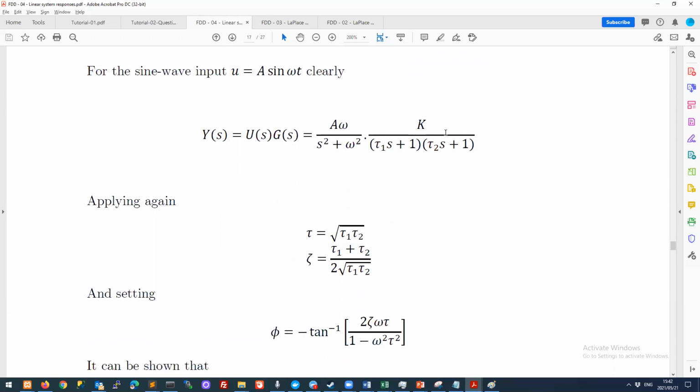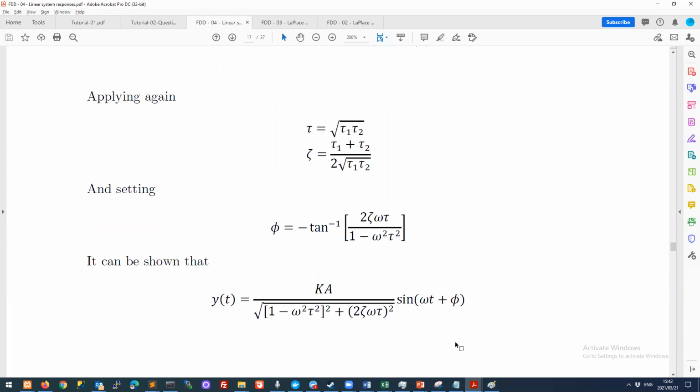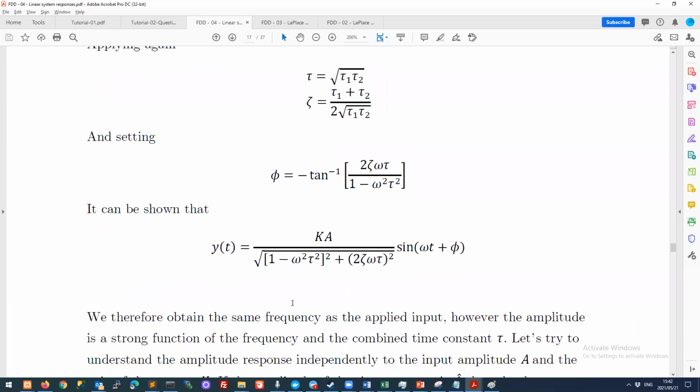So that's going to be the Laplace version of the response. And then again, we apply tau and zeta, so the same versions of that. And additionally, we also have the offset here, right? And you can show that it converts to this form.